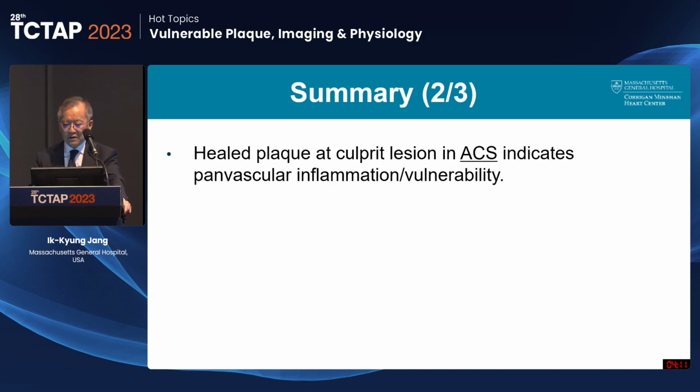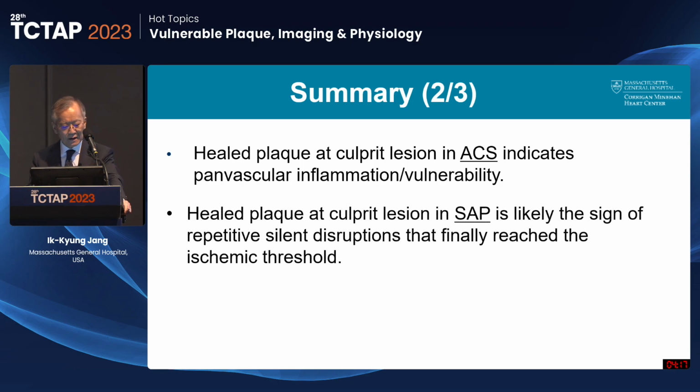Healed plaque at the culprit lesion in an ACS patient indicates a high level of pan-vascular inflammation vulnerability. Healed plaque in stable angina is likely the sign of repetitive silent disruptions that finally reach the threshold that will cause supply-demand imbalance.